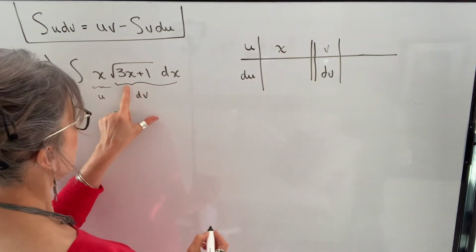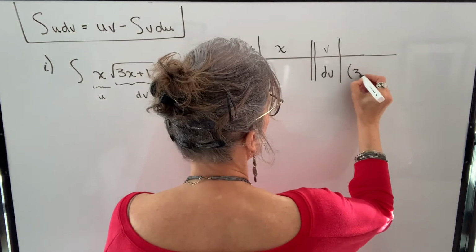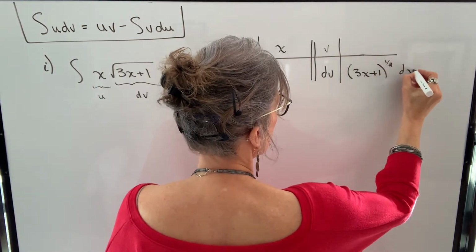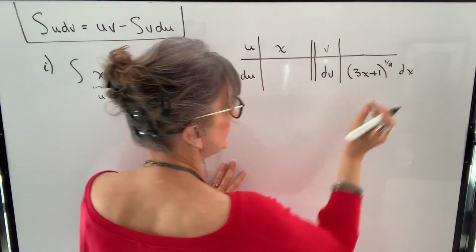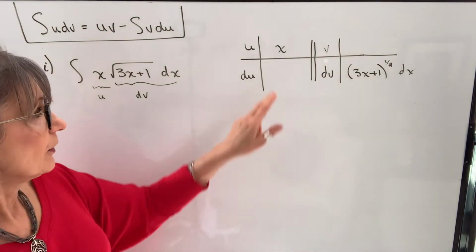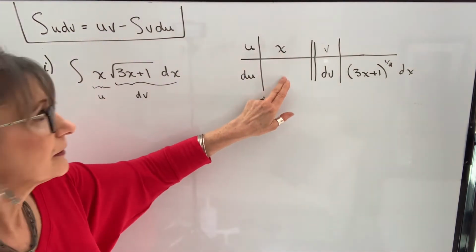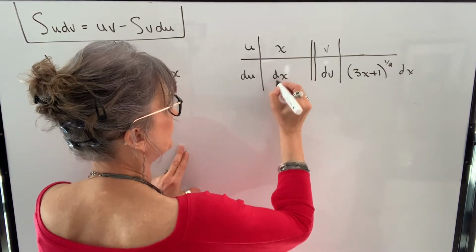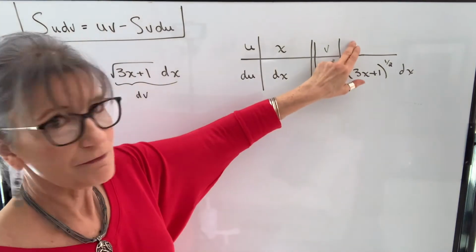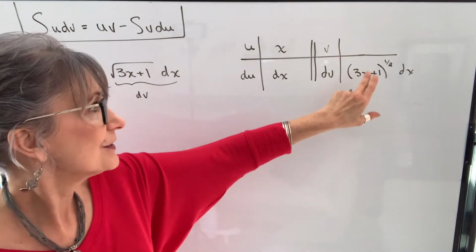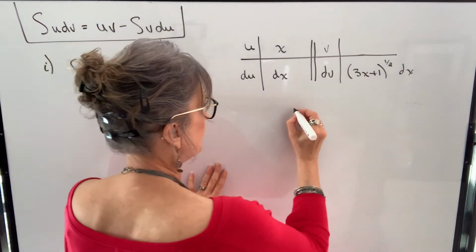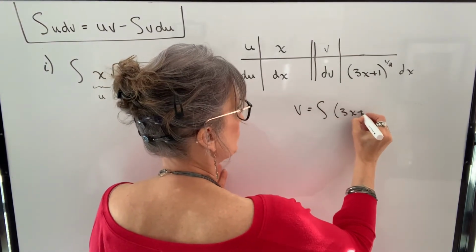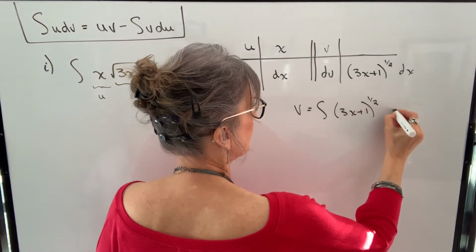I'm choosing dv to be (3x plus 1) to the power of 1/2 dx. Remember, it's a differential, so it has to have the dx there. Now to find du, I just differentiate. So if u is x, du will be dx. And in order to find v, I have to integrate. So v will be the integral of this.